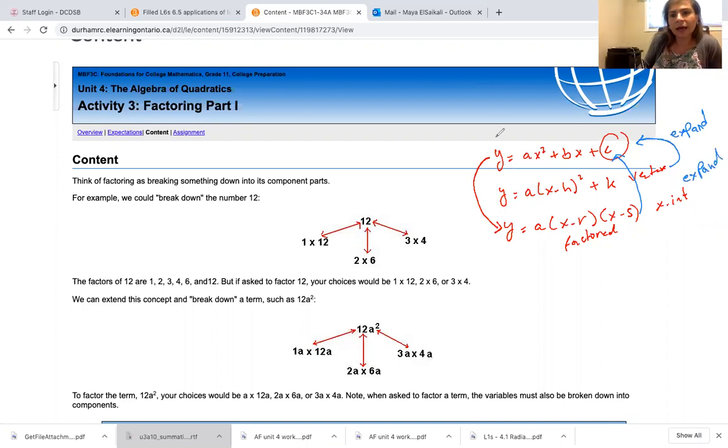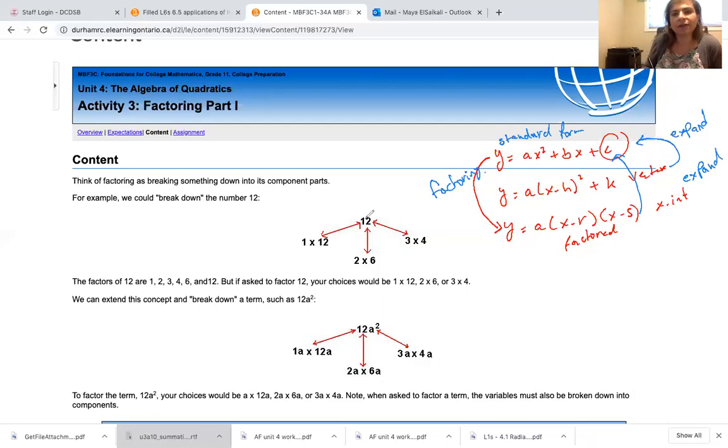Now we're looking at the other way. If I have the standard form, how can I get to the factored form? To get to the factored form, I need to follow a process called factoring, and this is what we're doing in this lesson.